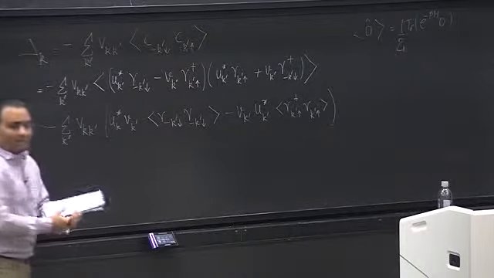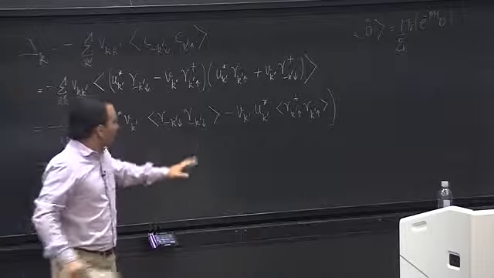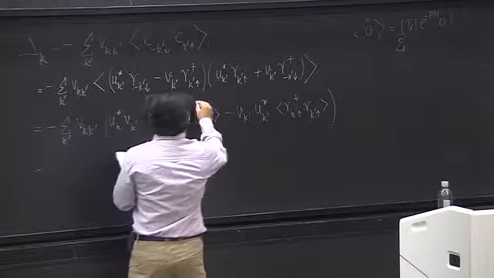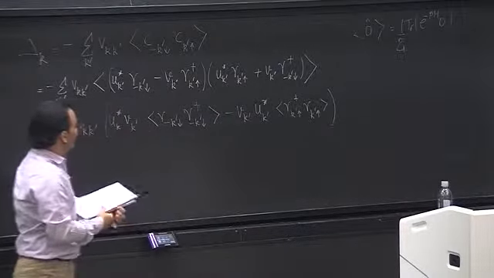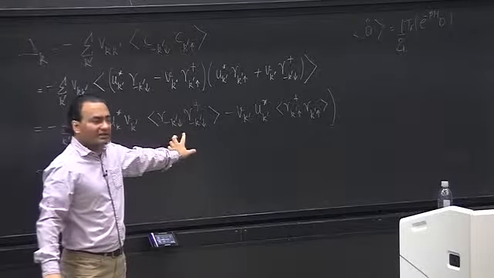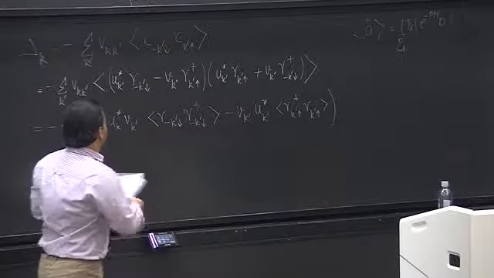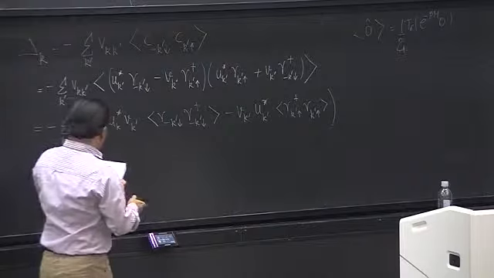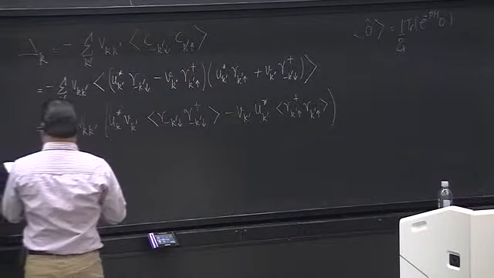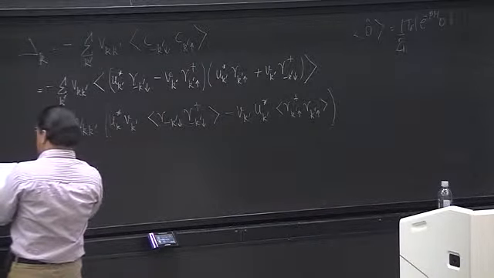So now what I'm going to do next is use, I think I'm missing a dagger here, anti-commutation relations of gamma operators and write this down as follows.